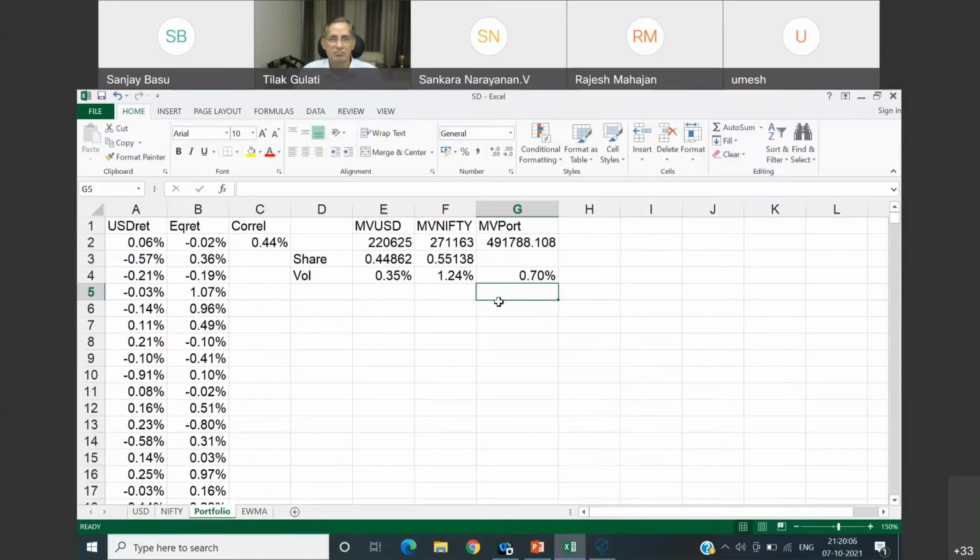So in a liquid market, historical simulation VAR should be very similar to variance covariance VAR. Variance covariance VAR makes an explicit assumption of normal distribution, which historical simulation doesn't. But as you pointed out, a high degree of liquidity indicates a normal distribution. True, sir. I agree with you.